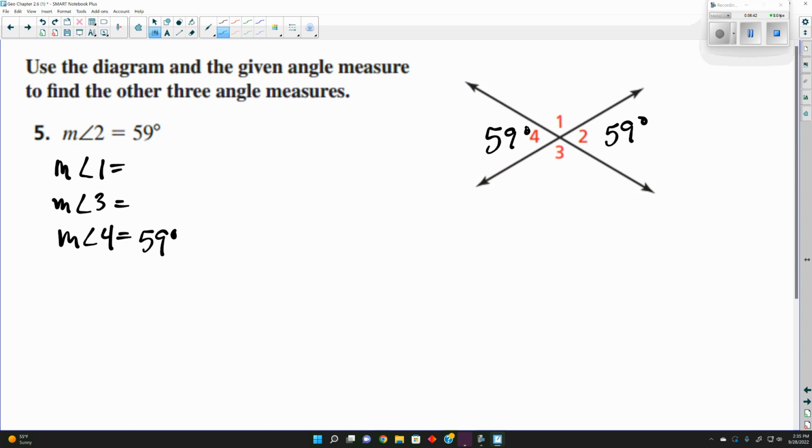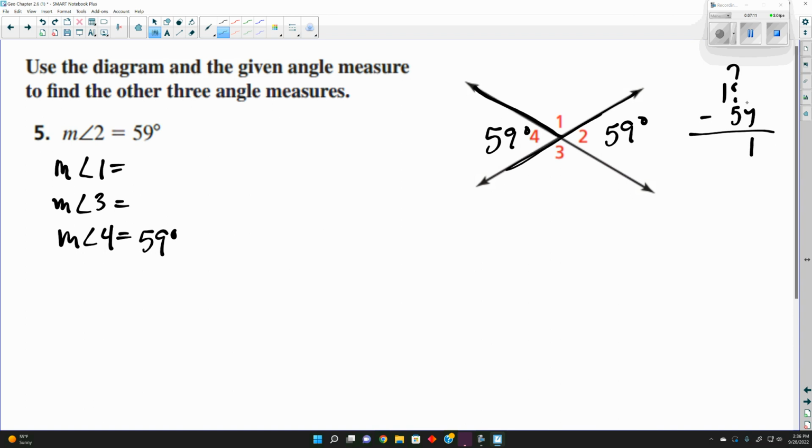So now we need to find the measure of angle 1 or 3. What do we know about 4 and angle 1? They make a straight line. They're a linear pair. So we can say that they add up to be 180, or we can subtract 59 from 180.